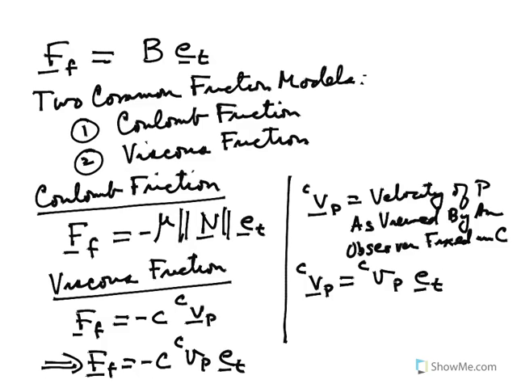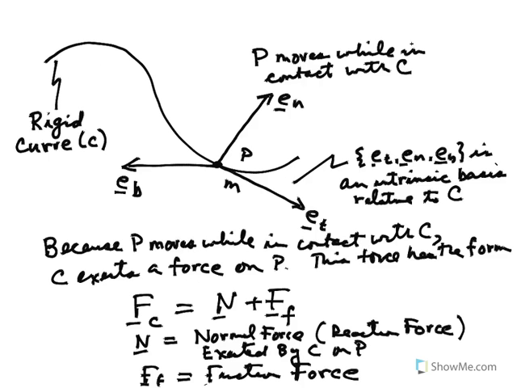The next thing I need to do is describe the reaction force. In this case, N, which is the reaction force, has two components, N sub N EN plus N sub B times EB. Now you'll notice that if you go back to the picture, I drew this intrinsic basis.